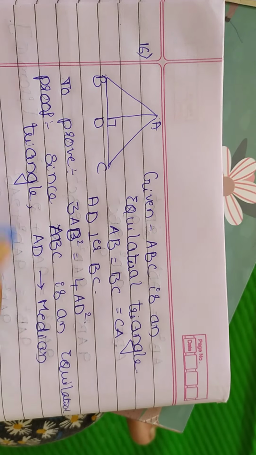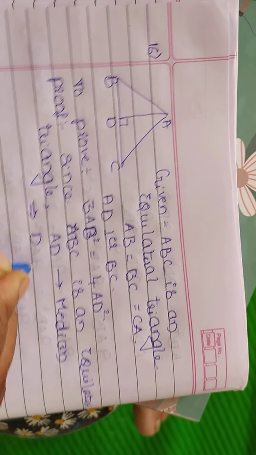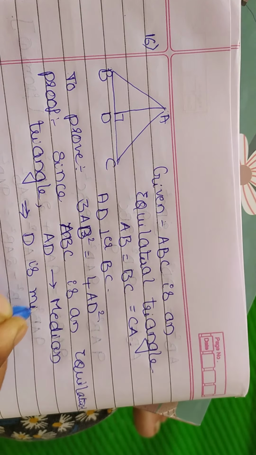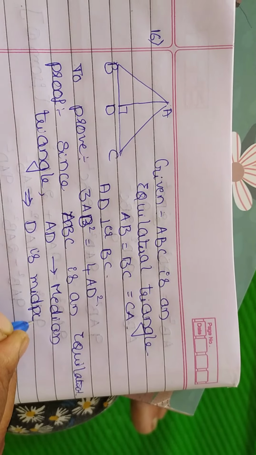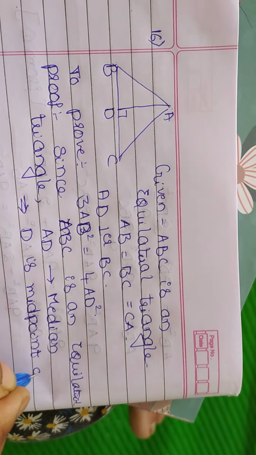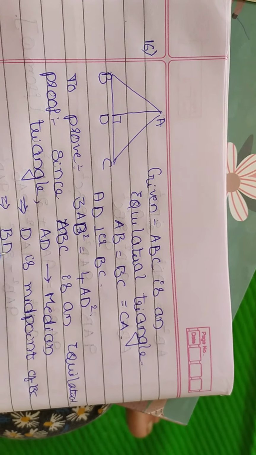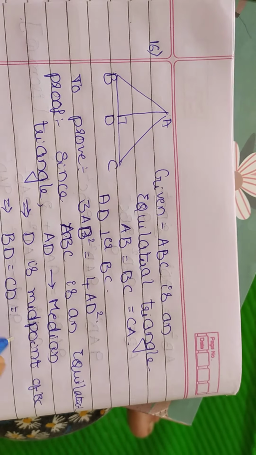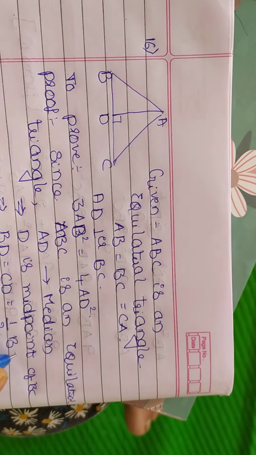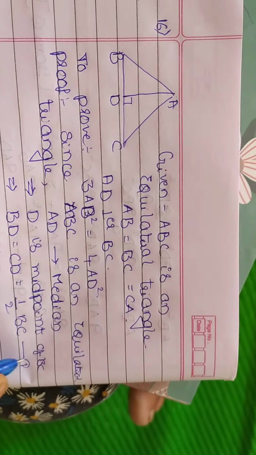Since it is a median, it implies that D is the midpoint of BC. D is the midpoint of BC. That means BD equals CD equals half of BC. So let it be equation 1.